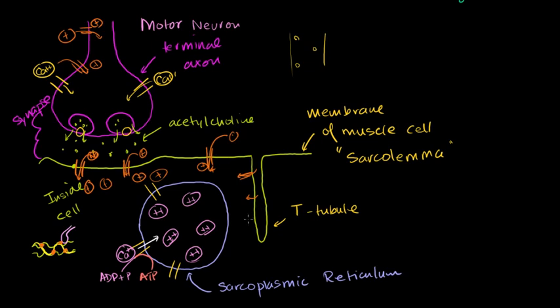You have a protein complex that essentially bridges the sarcoplasmic reticulum to the T tubule. I'll just draw it as a big box right here. So you have this protein complex right there.